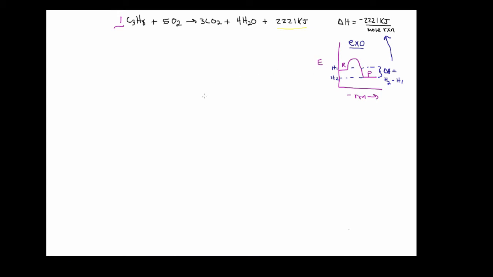Now let's start using these reactions to do calculations. A standard propane tank that you use for these grills looks something like this.